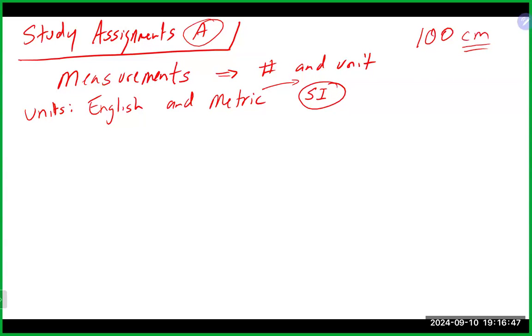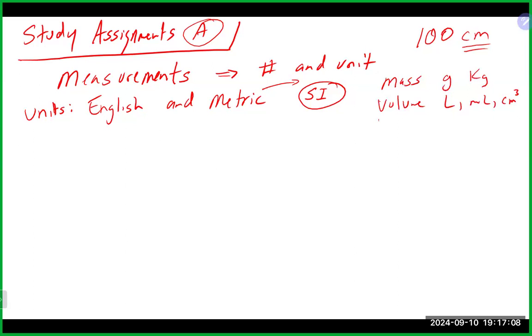And obviously, when you talk about units, it's important that you understand what those units mean. So common units of mass are grams and kilograms. Common units of volume are liters, milliliters, and cubic centimeters.